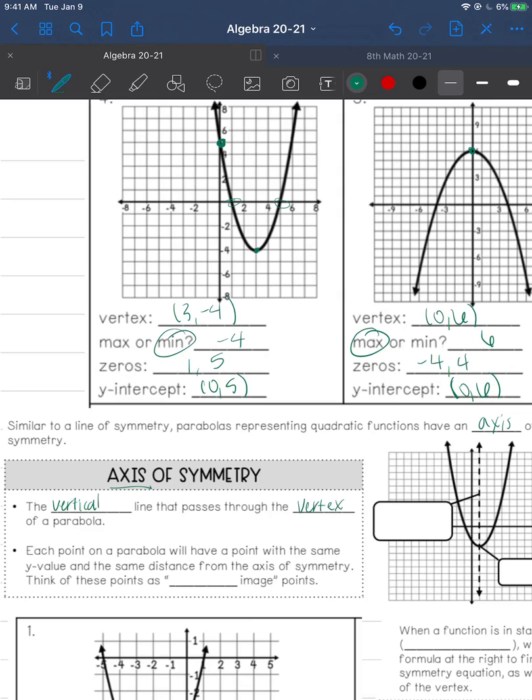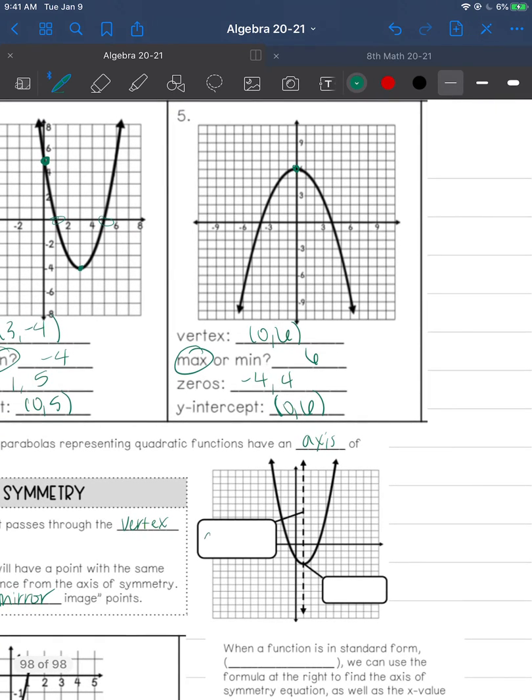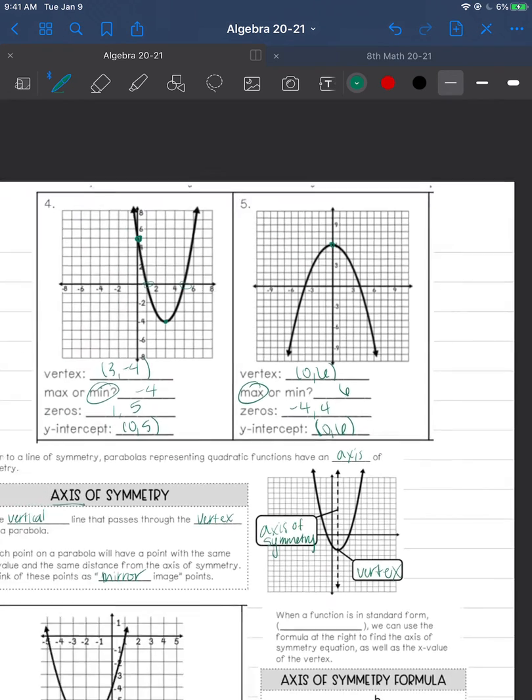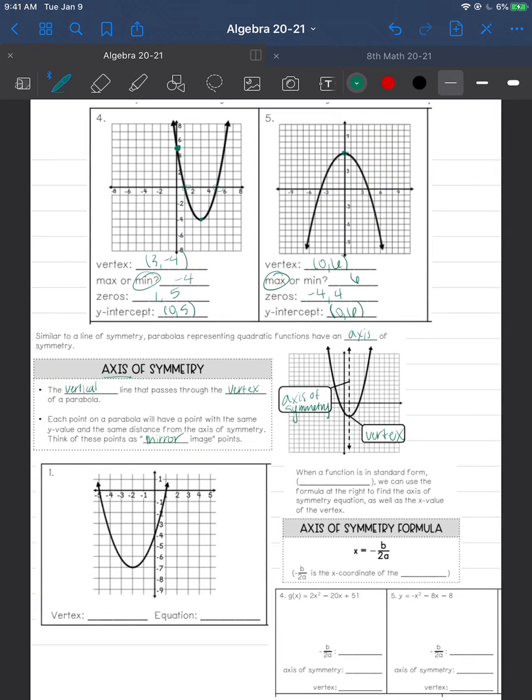Each point on the parabola will have a point with the same y value and the same distance from the axis of symmetry. Think of these points as mirror images. So this would be our axis of symmetry. And this would be our vertex. So that is kind of what we're looking at.